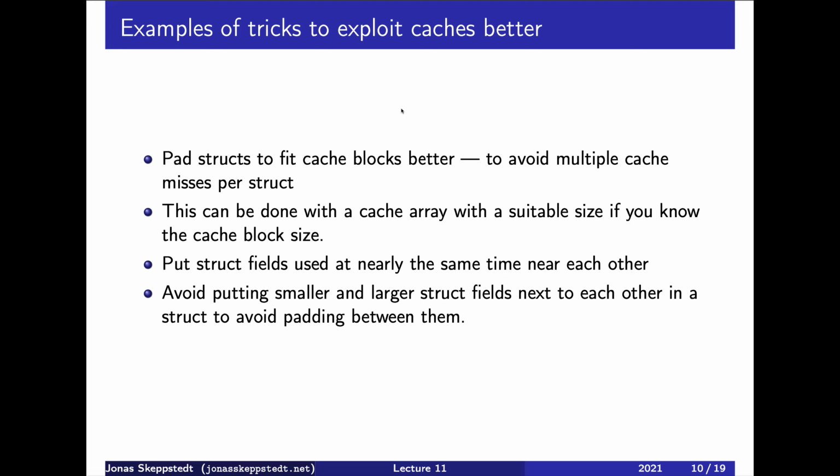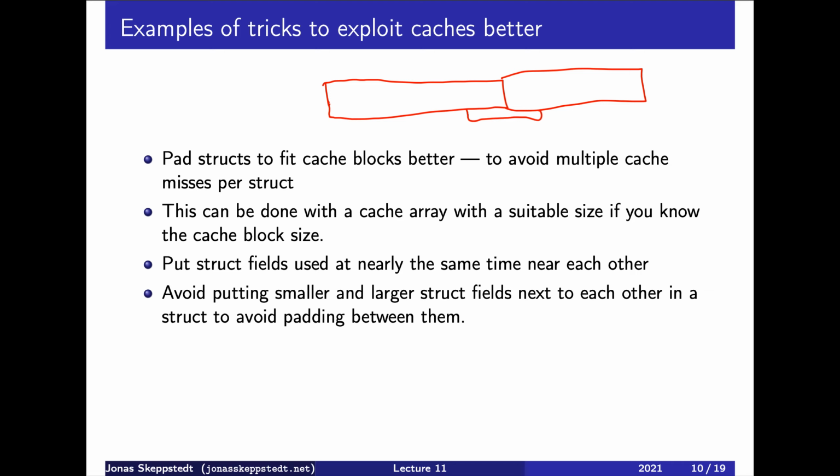Say we have a cache block like this, and the struct that we fetch is here. Then we first get the cache miss here, and then when we want a field of the struct here, we get another cache miss.